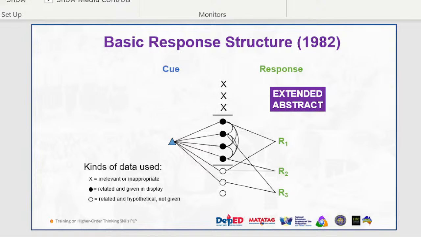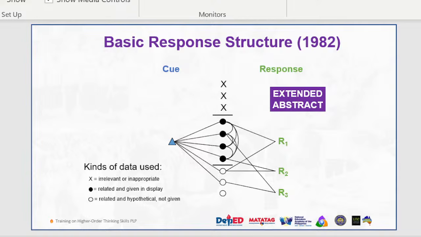In the extended abstract, the learner also picks up data that is not given, hypothetical data, then provides a response, or 2 or 3 responses.